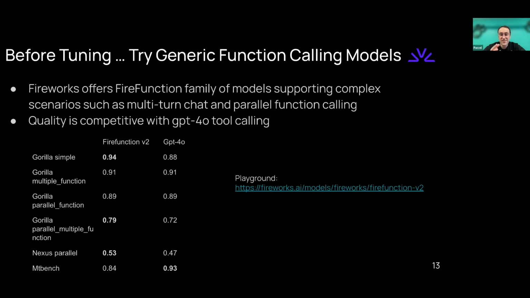Then, based on the conversation with the user, you would embed the user prompt and match it with, let's say, the top 5 functions and inject only those 5 functions into the prompt, which will reduce the size of the prompt. And of course, using smaller models could be an option.